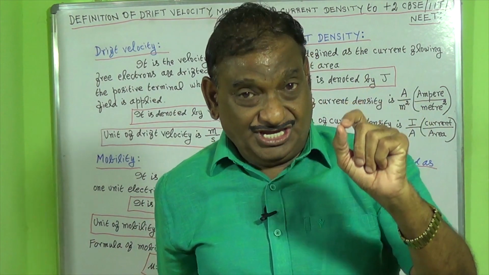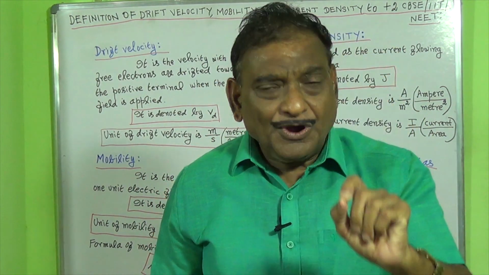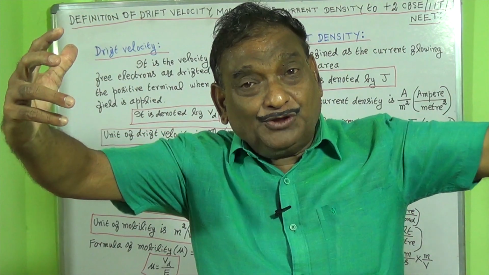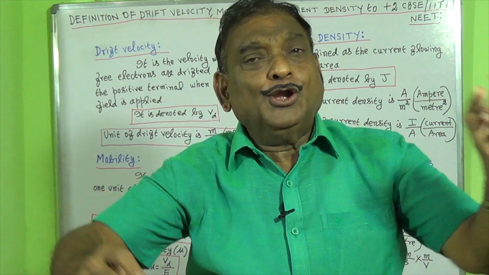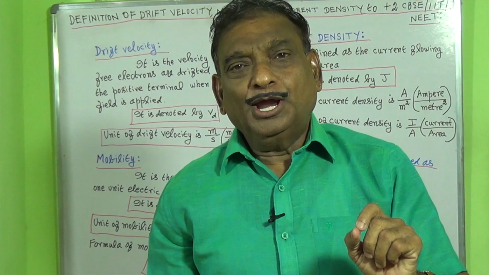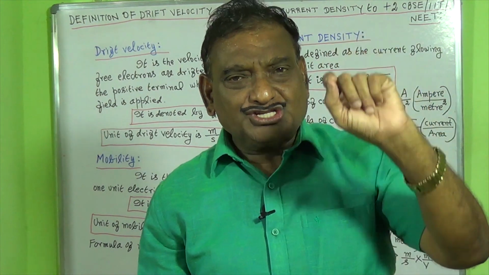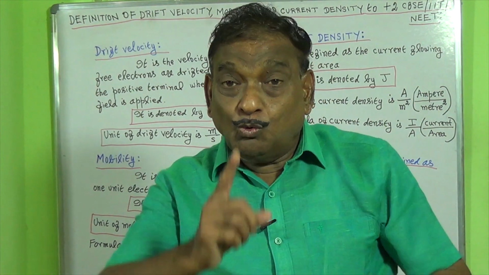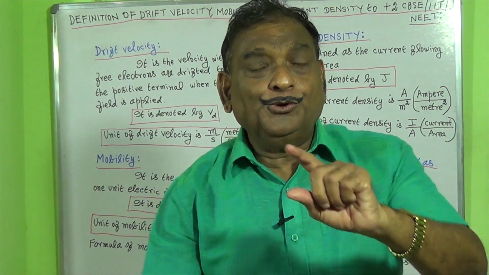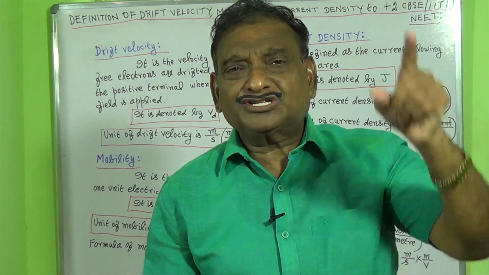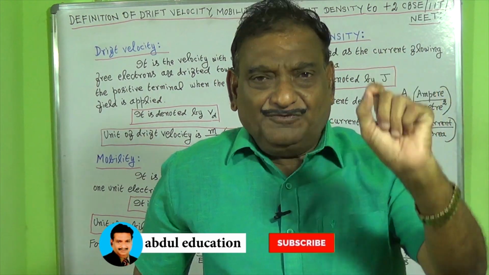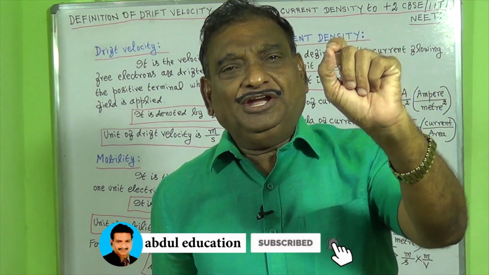In the case of drift velocity, any amount of electric field can be applied to drift the electrons towards the positive terminal. But in the case of mobility, 1 unit electric field is to be applied to drift the electrons towards the positive terminal. This is the difference between the drift velocity and mobility.